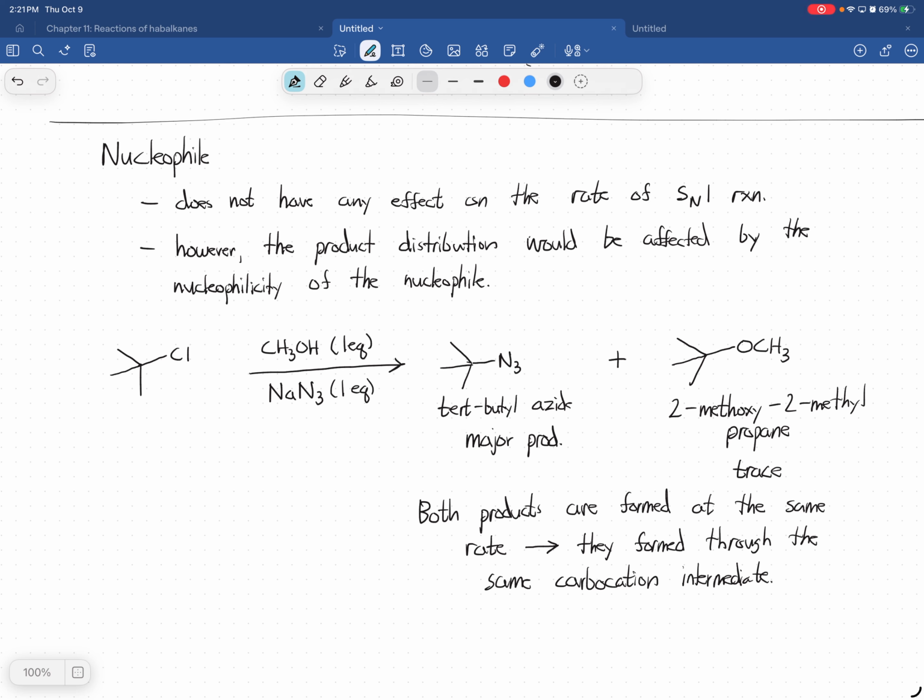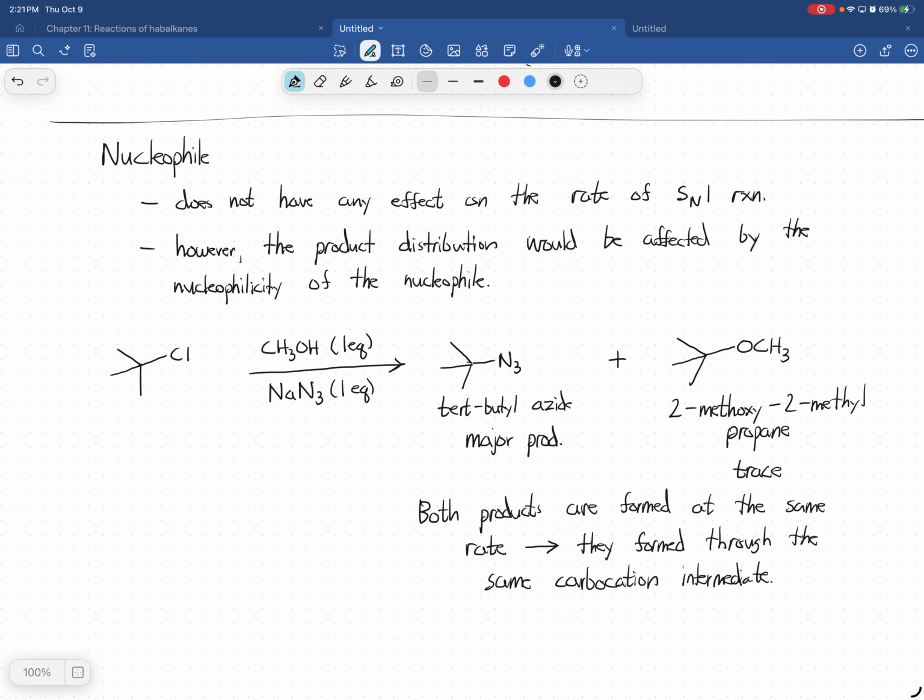So the nucleophile here doesn't really play a role unless you have an equal amount at the same time. One equivalent basically means you have 1 mole of each in the reaction. So you have an equal amount of them forming the products, but the stronger nucleophile wins out.